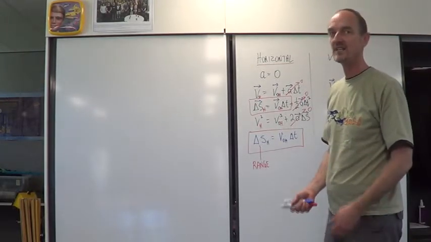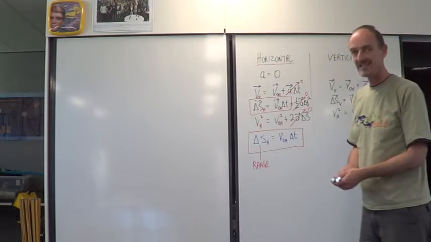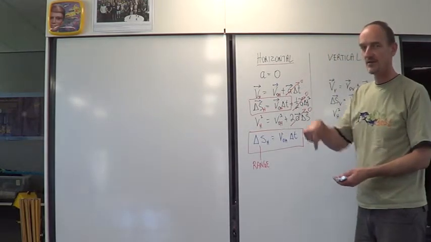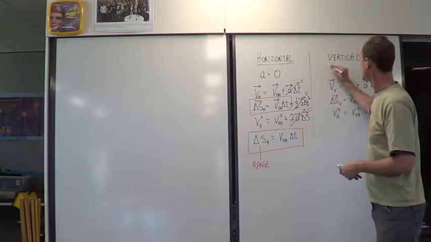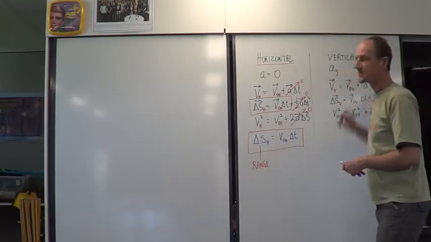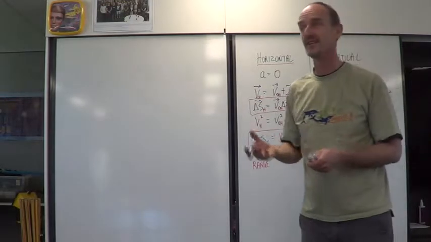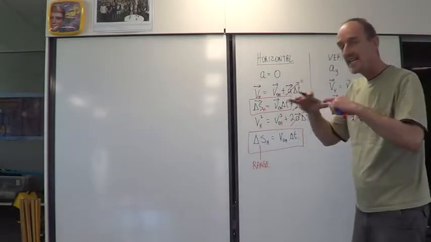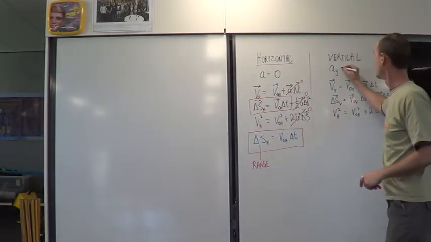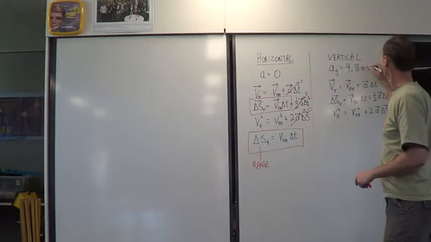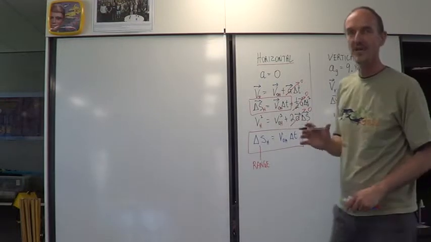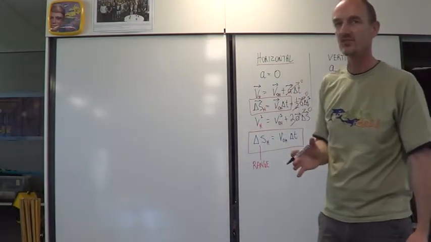And you may be familiar that the acceleration in the vertical direction is actually not zero. It has a value near the surface of the Earth of 9.8 meters per second squared.